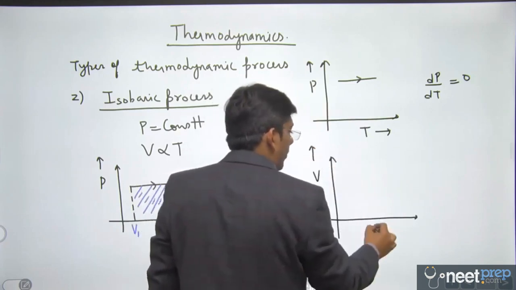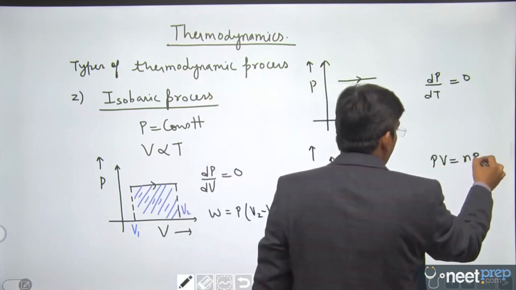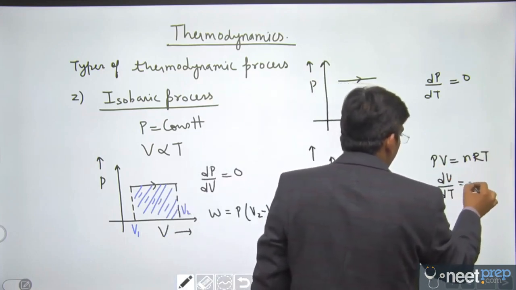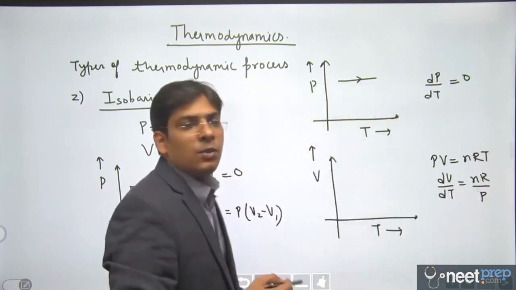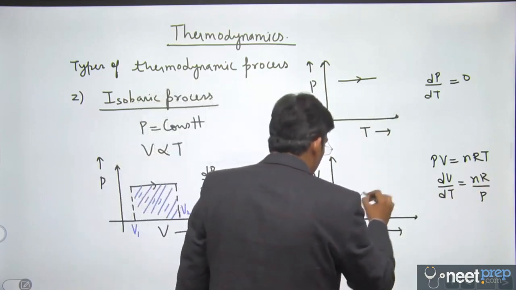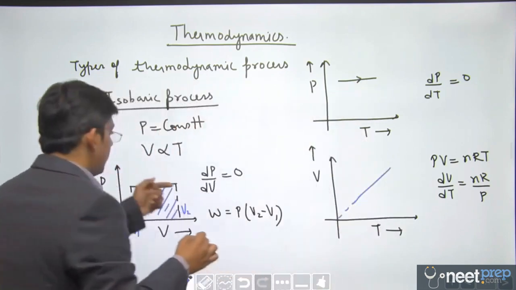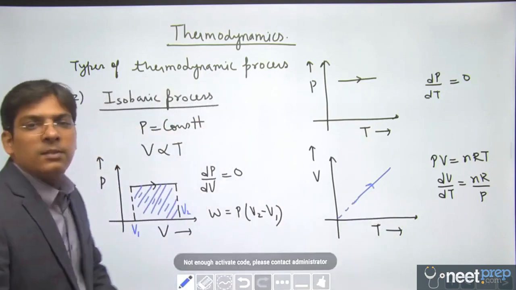We know that PV is equal to nRT, and dV by dt is going to give nR by P, P being constant. So it is a straight line passing through origin. Temperature was increasing, volume was increasing, both must increase here, right dear students? I hope this is clear to everyone.